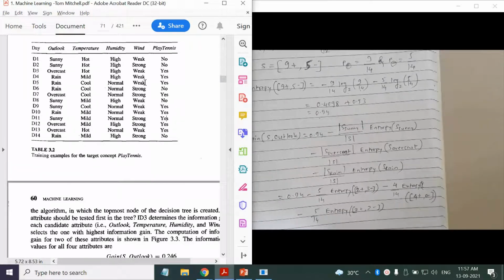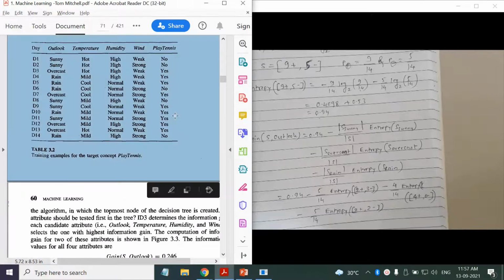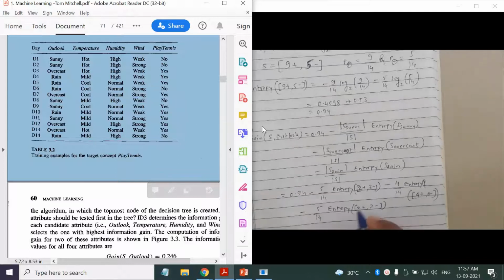Rain yes, rain no, rain yes, rain yes and rain no. So 3 plus and 2 minus.